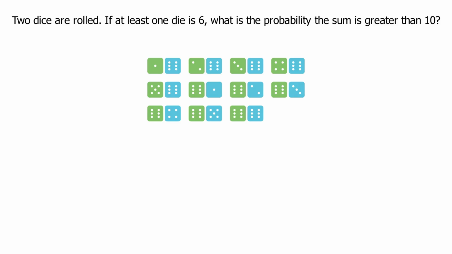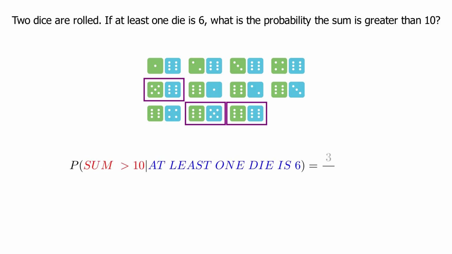And then now that we have it narrowed down, we can identify all the pairs whose sum is greater than 10, which would consist of pairs 5 and 6, 6 and 5, and 6 and 6. So when we find the probability of rolling 2 dice whose sum is greater than 10 and at least has a 6, that would be a 3 out of 11 chance, which is about a 27.3% chance.